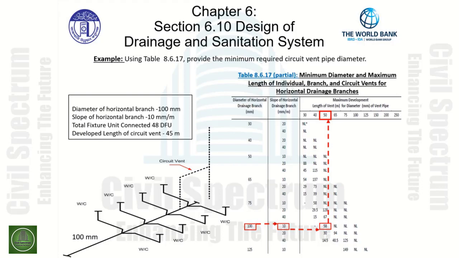We move to the right-hand side to the developed length. As you can see, the maximum developed length for this arrangement is 58 meters. Our developed length is only 45 meters. This would apply, so we rise vertically and size the circuit vent at 50 millimeters accordingly.